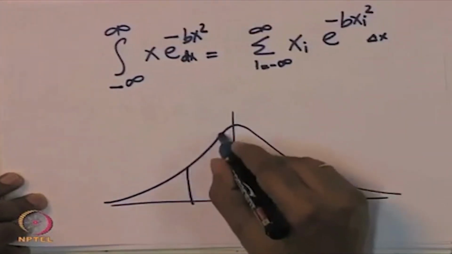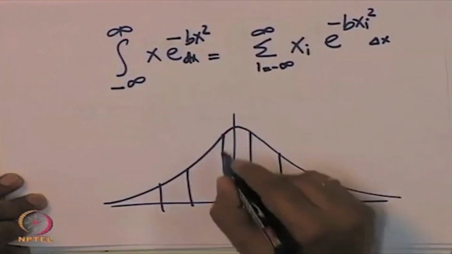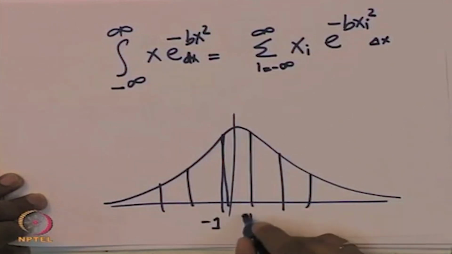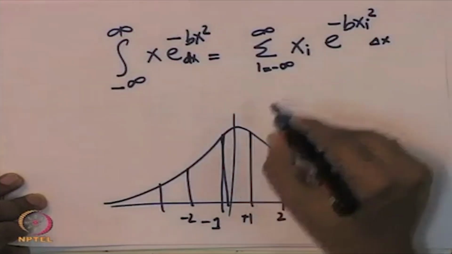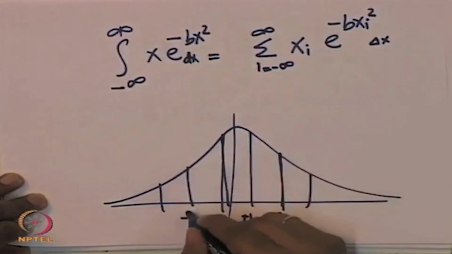Now let us have a look at this function. When x_i has many values, let us call these minus 1, 1, minus 2, 2. Let us look at the values 2 and minus 2.